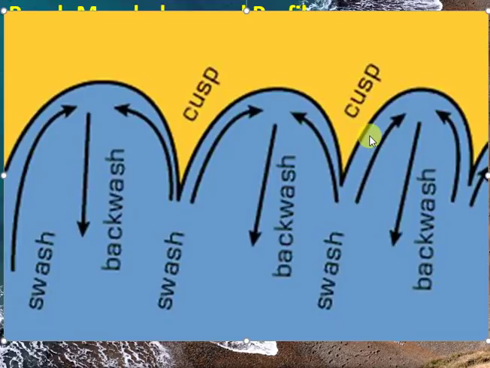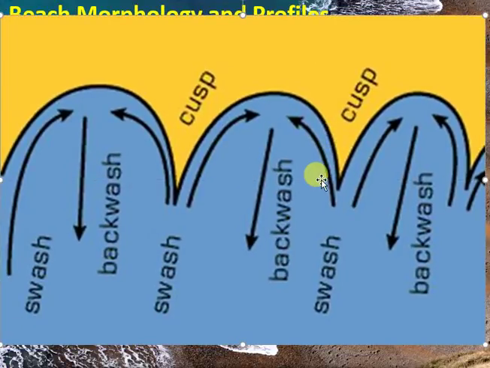And if you then think of the cusp, which is the semicircular bit, if you've got one swash that's split and is heading into the centre from this side of the horn, and one swash that's been split and heading into the centre from the other side of the horn, logic tells you when they meet there's only one way they can go, and that's backwards.